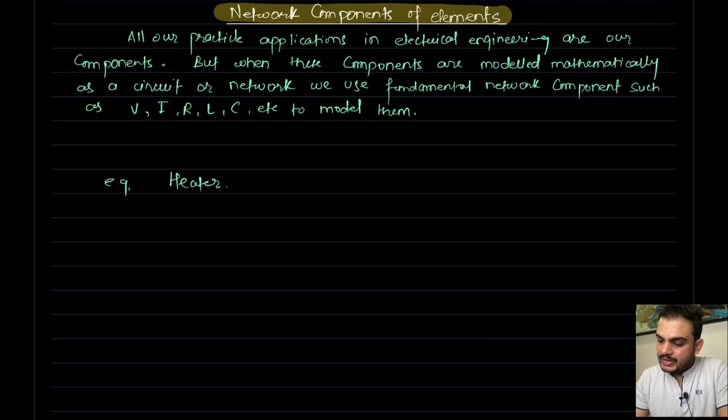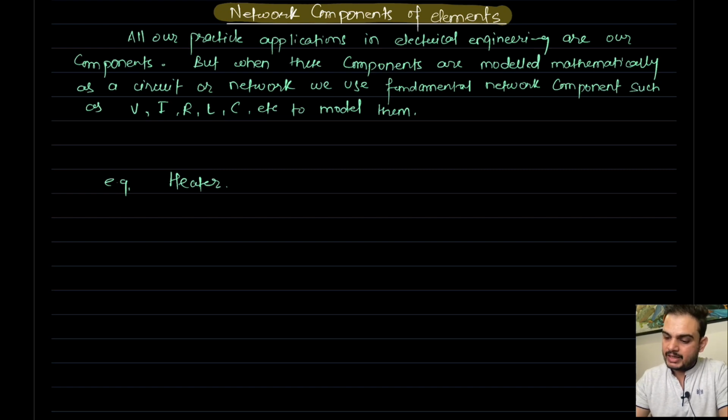If we want to represent the heater in the form of a circuit or network, we will use some fundamental network elements such as voltage, current, resistor, inductor, capacitor to model it.